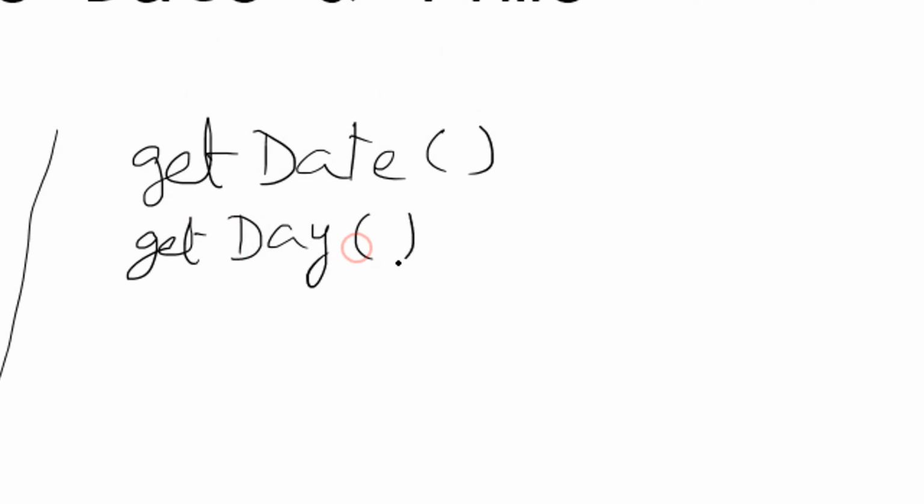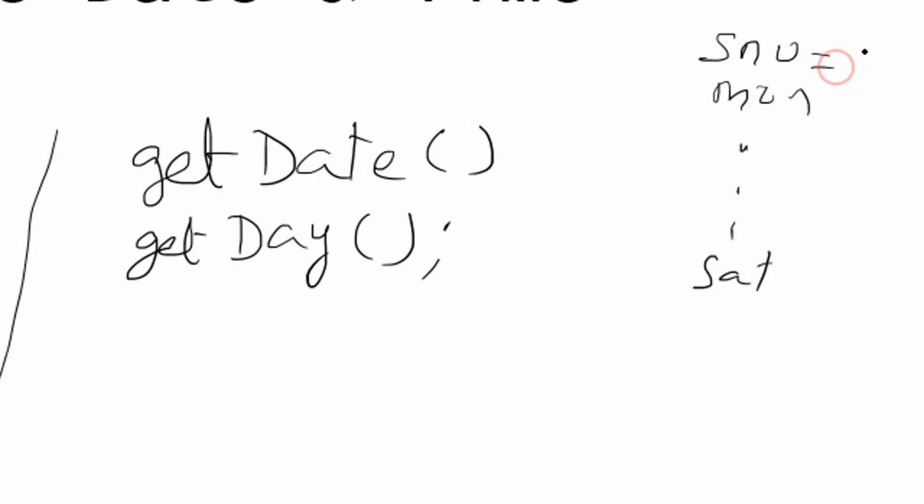For example, we start from Sunday, Monday, and it continues to Saturday. So you will actually get digits 0, 1, and so on. That's the use of getDay.